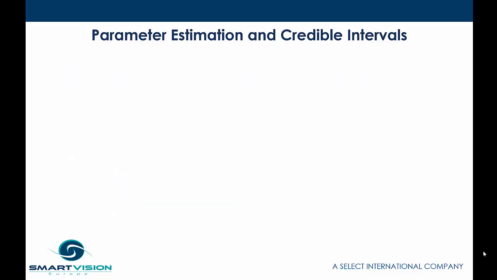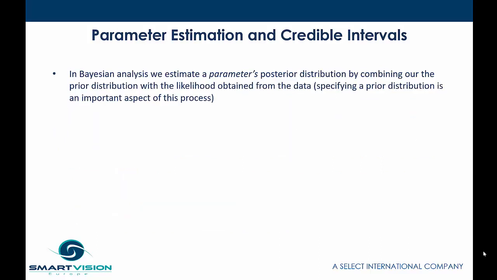Now, just as we used Bayes' theorem to estimate a posterior probability by combining our evidence with a prior probability, when we're estimating our parameters such as, say, the difference between two means, what we're really doing is estimating a posterior distribution, showing a range of values within which the parameter is likely to lie.